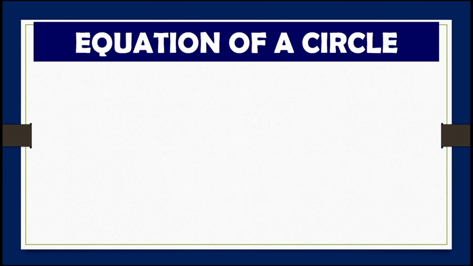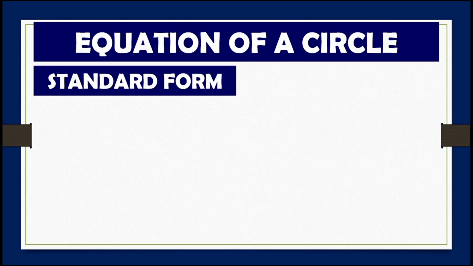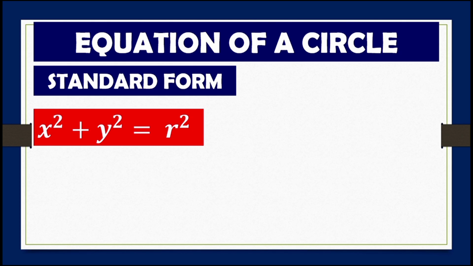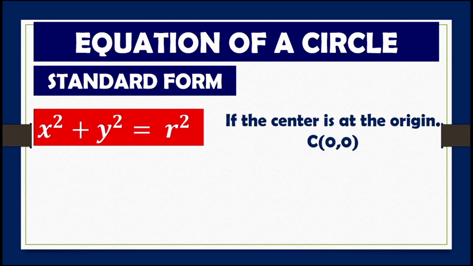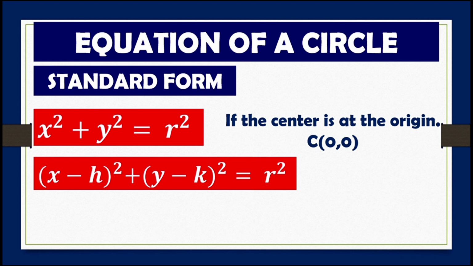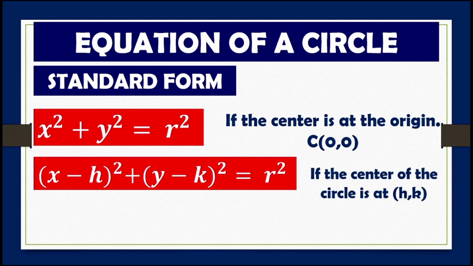Equation of a circle can be in standard form. It can be written as x squared plus y squared equals r squared if the center is at the origin or has a coordinate 0, 0. Another standard form of the equation is written as quantity x minus h squared plus quantity y minus k squared equals r squared if the center of the circle is at (h, k) and r is considered as the radius of the circle.